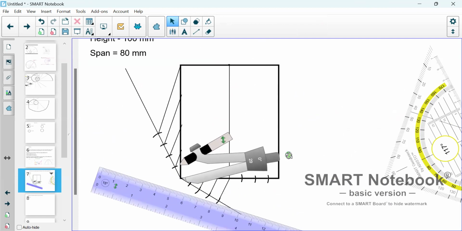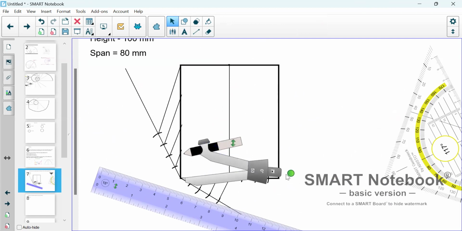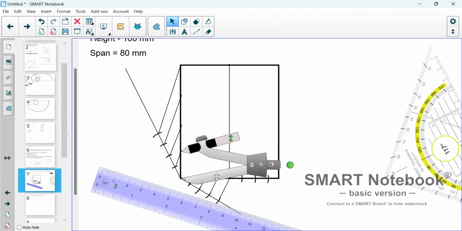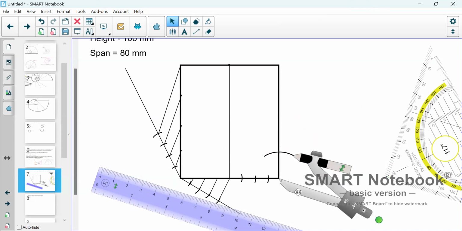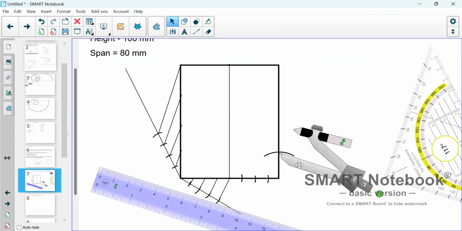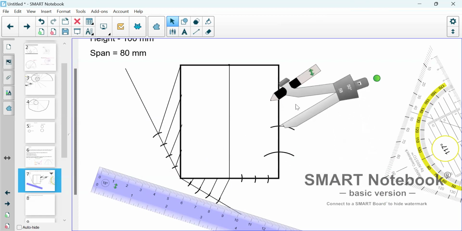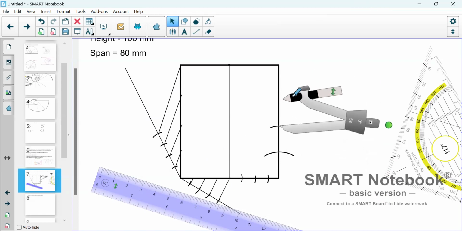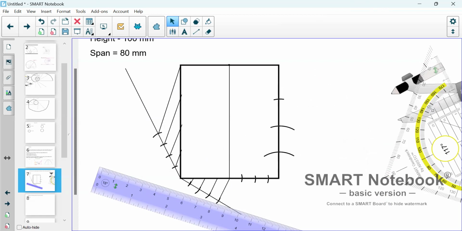So we take the measurements from here and we transfer them over to this side here. Right, 3 of them. So we get 3 divisions on either side.